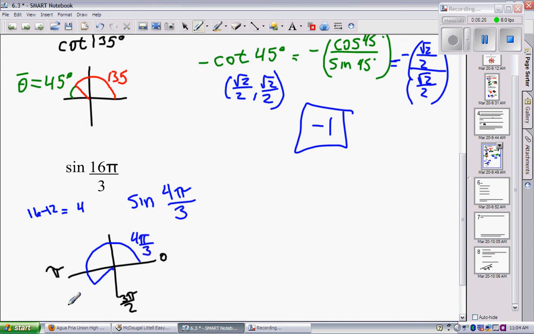Our reference angle, theta bar, is going to be this additional pi over 3 that we traveled past the x-axis. We're in quadrant 3, so that means it's going to be a negative sine of pi over 3.